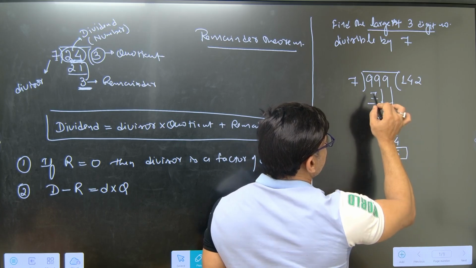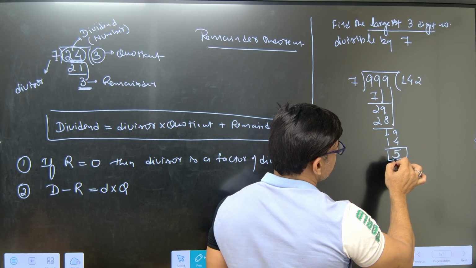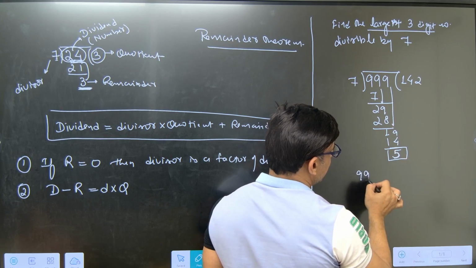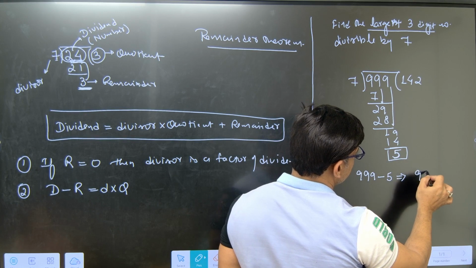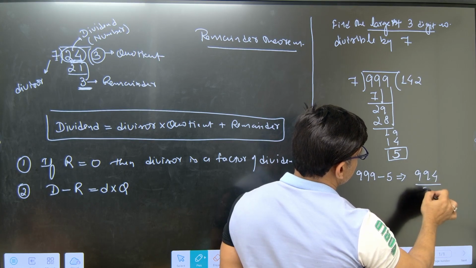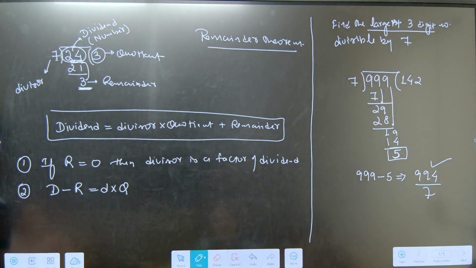To make the number completely divisible by 7, what am I supposed to do? From 999, I subtract 5, which gives 994. So this 994 will be completely divisible by 7. Whatever is the remainder, subtract that.